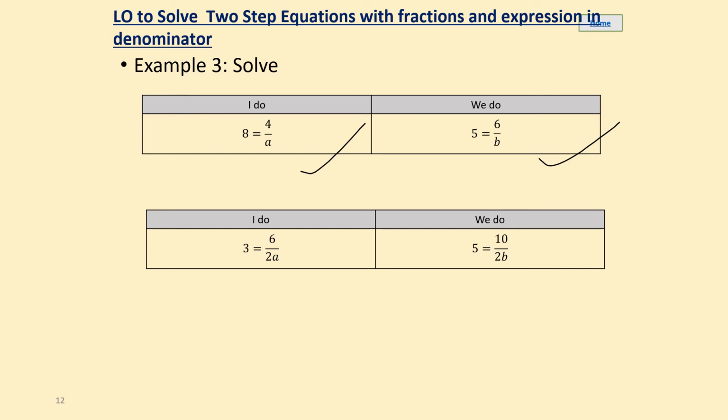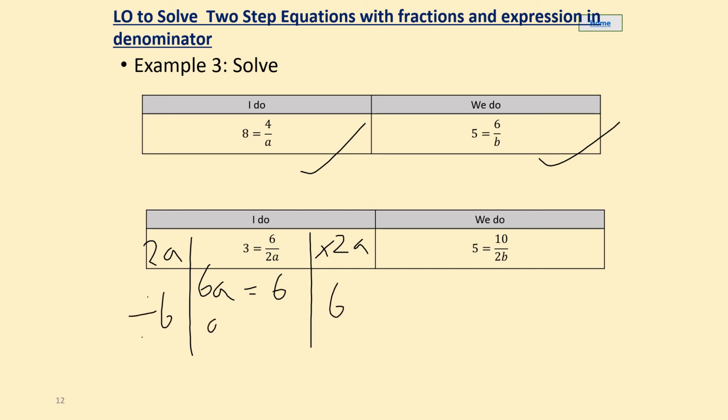Let's have a look at these ones though. We've got 2 lots of A that's in the denominator. So if we multiply both sides by 2A, we can get A in the numerator. So 6A equals 6. We can then divide both sides by 6. A equals 6 divided by 6. Yeah, A equals 1.